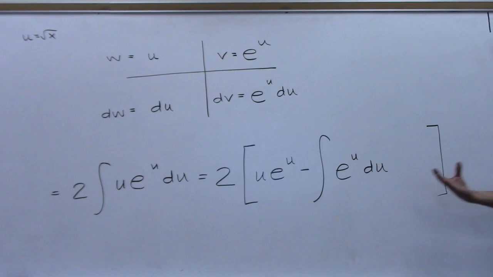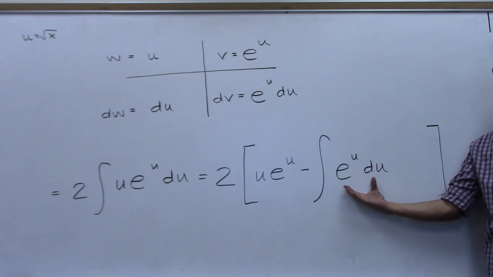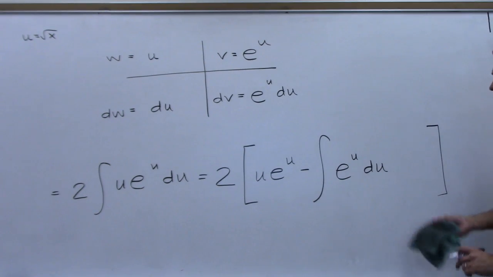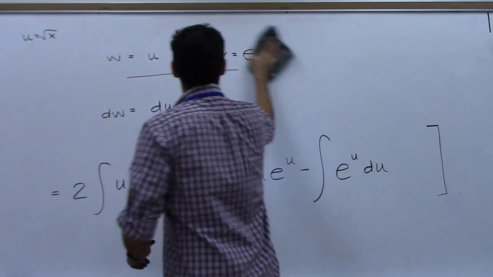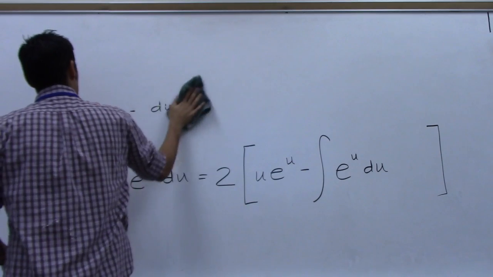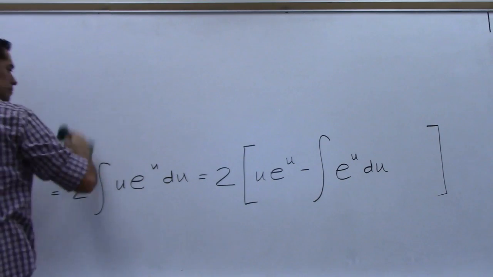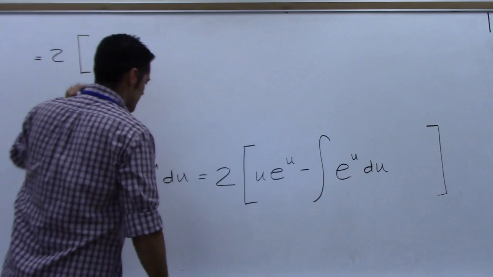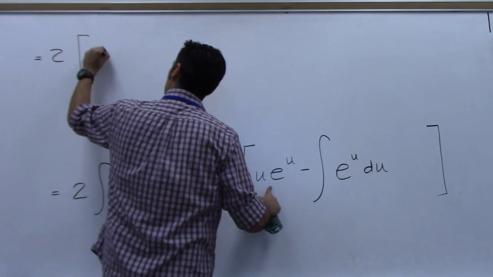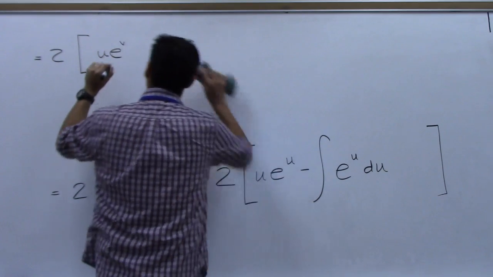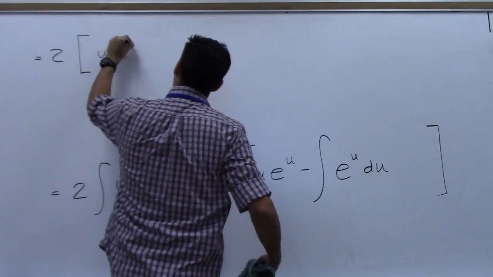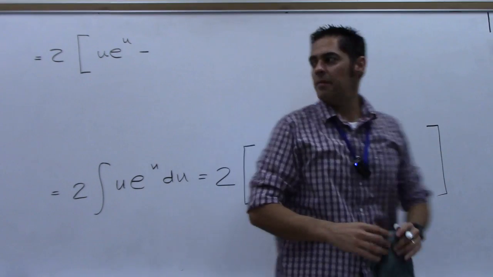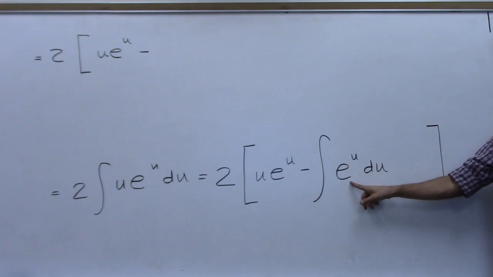And is this an integral that we can handle? Yes. Absolutely. So this is a good thing. So this becomes 2, let's see, u e to the u minus, what's the antiderivative of this? e to the u.